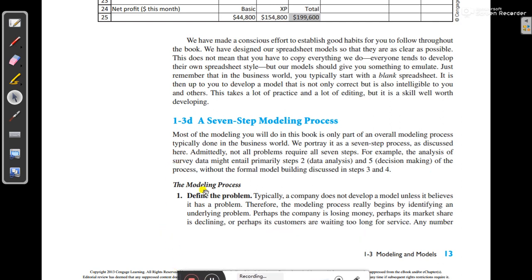First, we need to define the problem. There might be lots of problems for different business organizations.